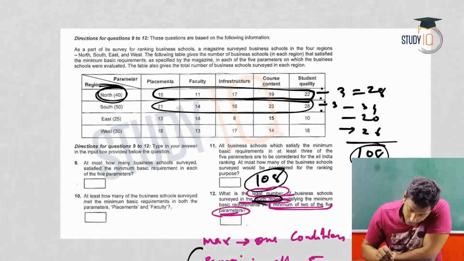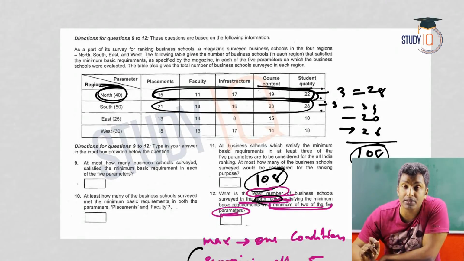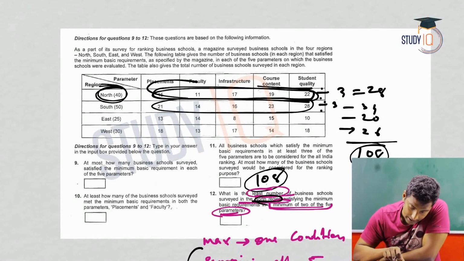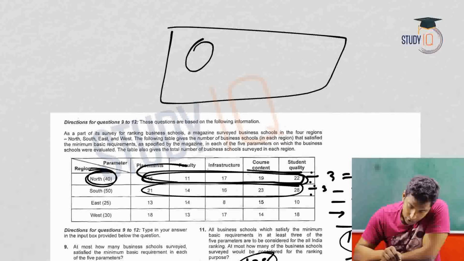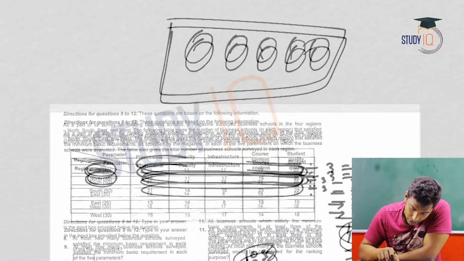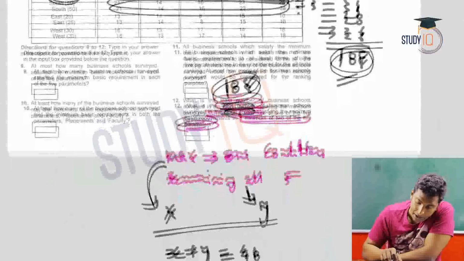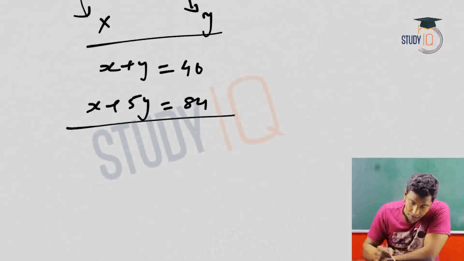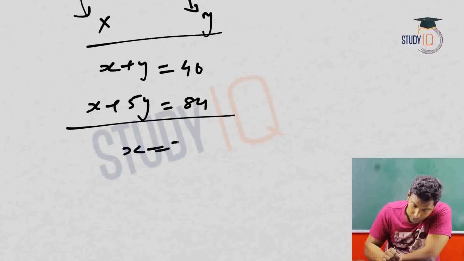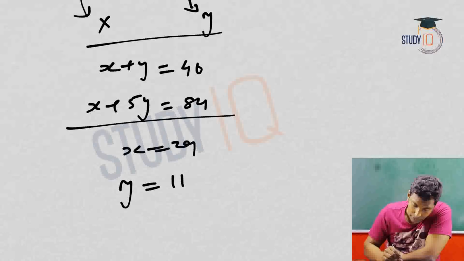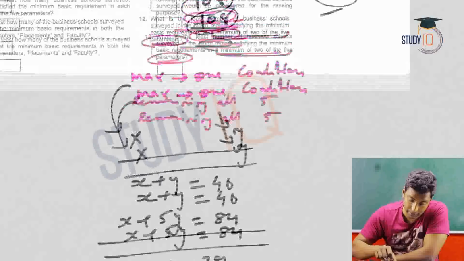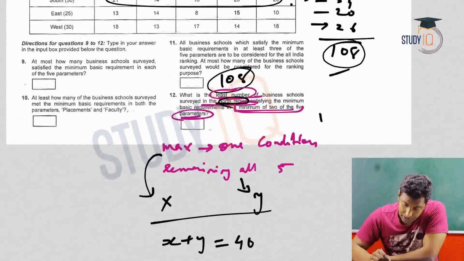How are you getting this 84? You will add the sums of all the circles. Like if you're representing like this 1 2 3 4 5, you're adding the circles 15 plus 11 plus 17 plus 19 plus 22, so you'll get 84. When you solve this, you'll get X is equal to 29 and Y is equal to 11. So your answer is 11 minimum, right? So your answer for this question is 11.